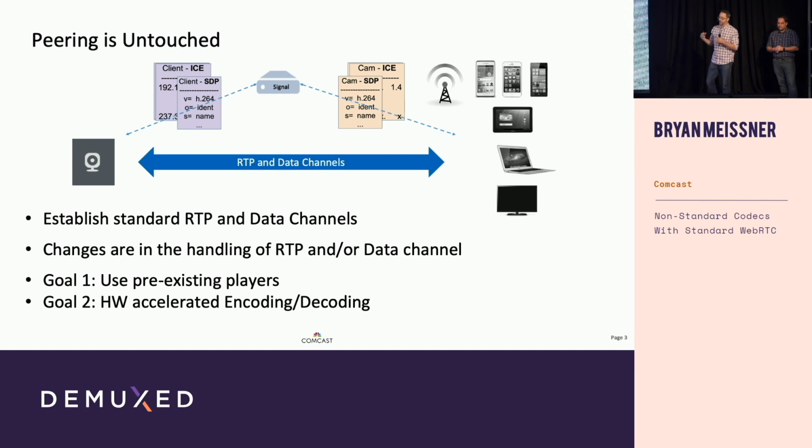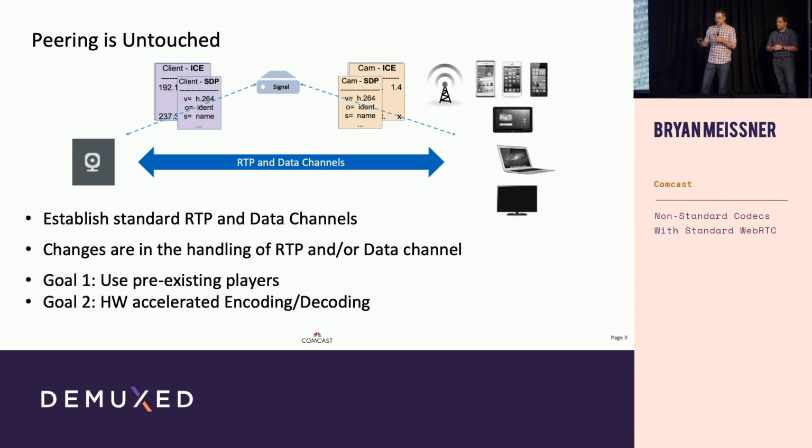There's also a fallback for relay servers, but you try to keep that a small percentage of your workflow. Then once that peer channel is established, you set up RTP and data channels to provide your actual media flows and continue your streaming from there.